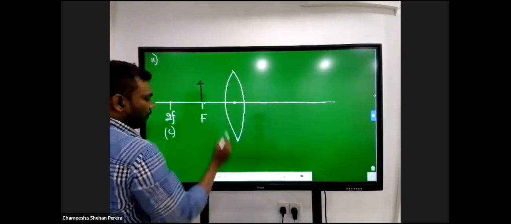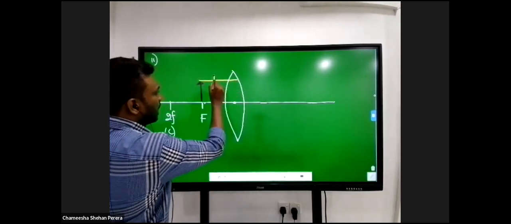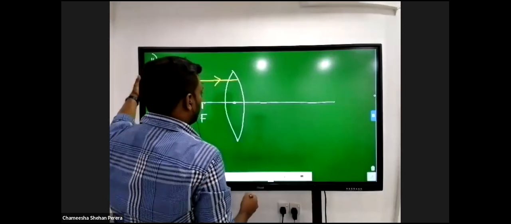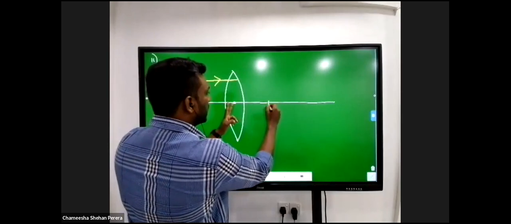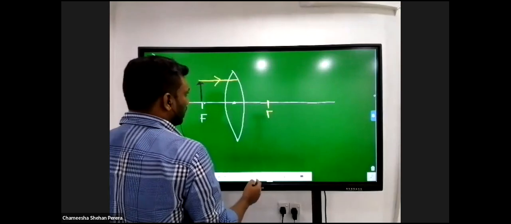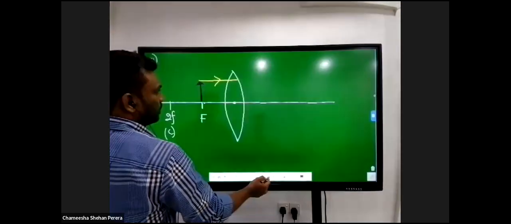Okay. So from the object again, a light ray travels parallel to the principal axis and gets refracted. Keep it in mind, if this was 2 centimeters, the distance from the optical center to the next focal point will also be 2 centimeters.